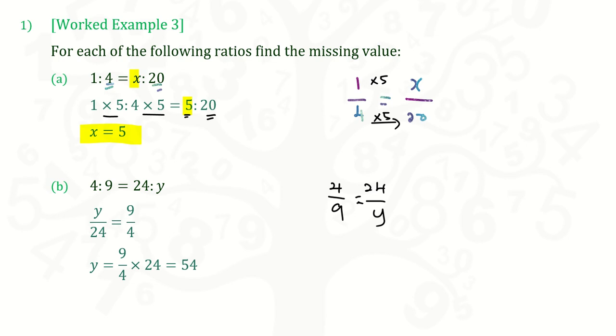So 我要找 y, so 我就把这两个 fractions 呢变成 reciprocal. So that means the other side also have to make it reciprocal. So that means 4/9 become 9/4. 24/y becomes y/24.